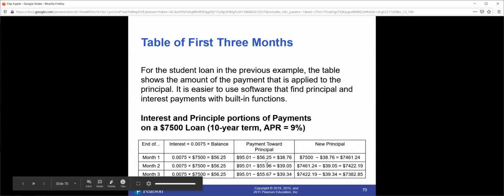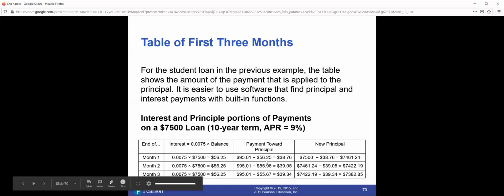So for the student loan, the previous example, this table here shows the amount of payment that's applied to principal. It's easy to use software to find principal interest payments with built-in functions, but this will work for now. So end of month 1, your interest of 0.0075 times your balance gave you $56.25. The payment towards the principal was $38.76.